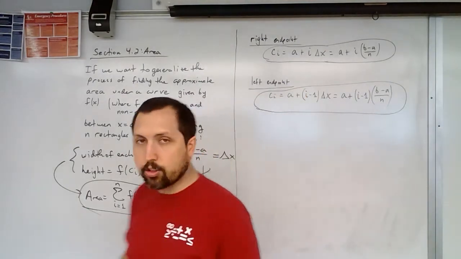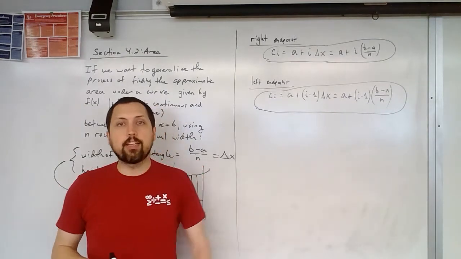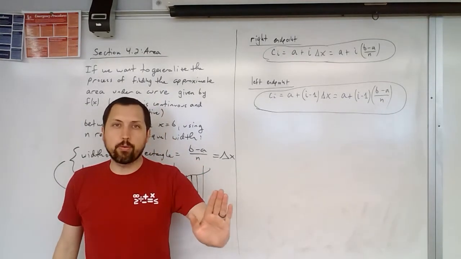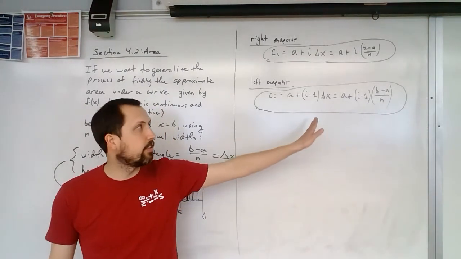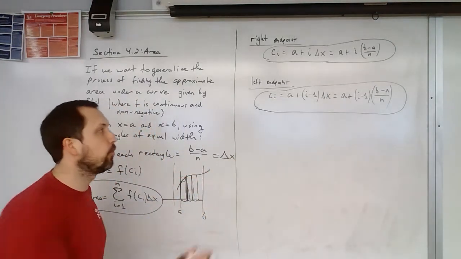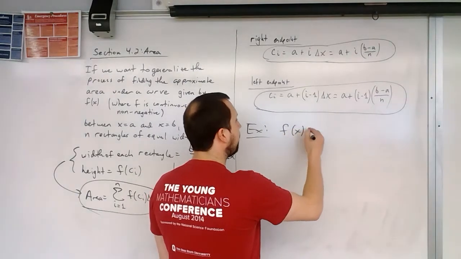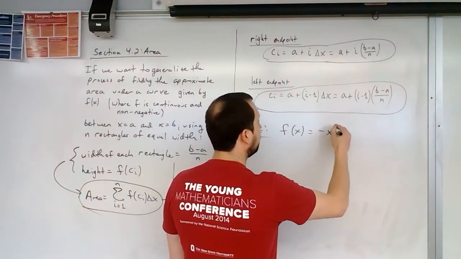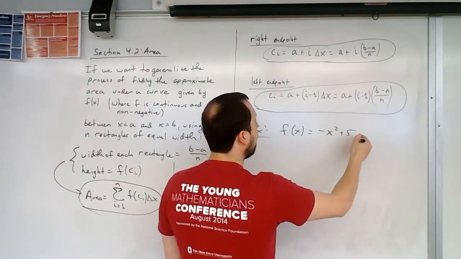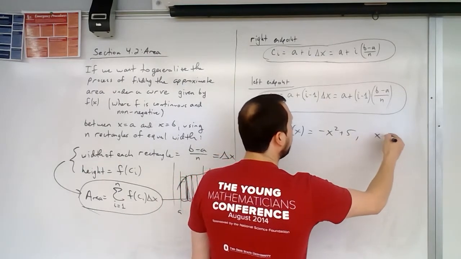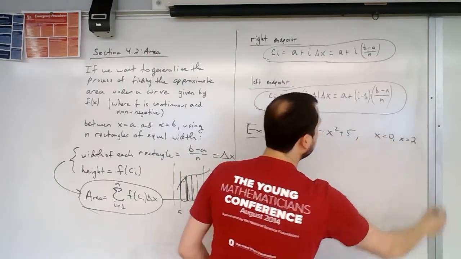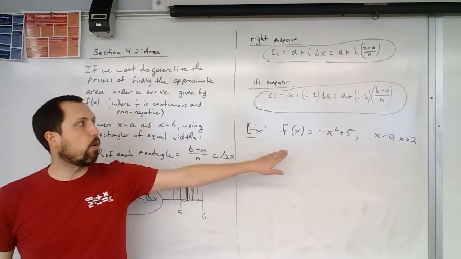So we have these, and you could now use this as a very straightforward example of applying this to our left and right endpoints. If we look at an example, say f of x is equal to negative x squared plus 5, between x equals 0 and x equals 2. We saw these examples before.